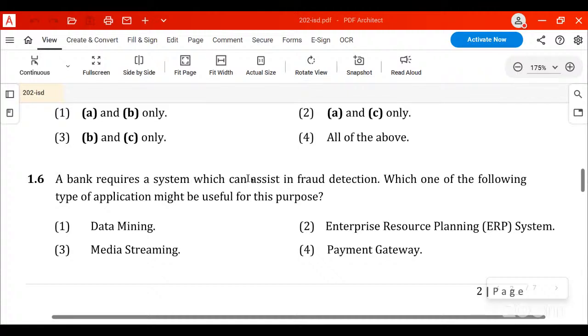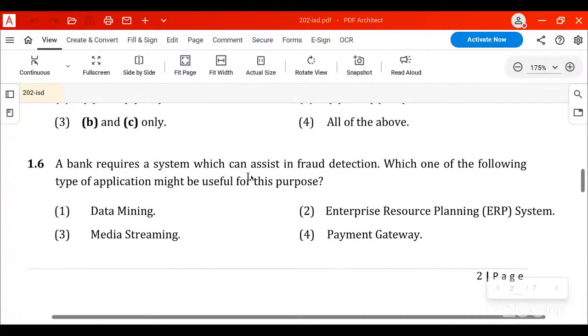Data mining is the process we can use to detect any kind of fraud that happens in banks. Not only in banks, any kind of network, any kind of organization, we can use data mining for fraud detection.